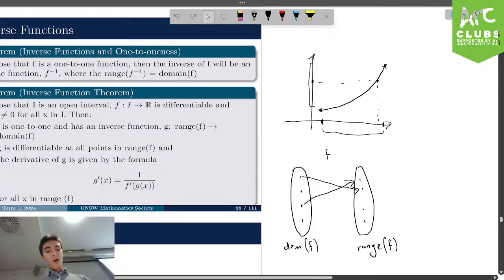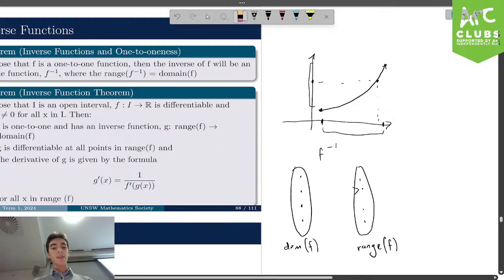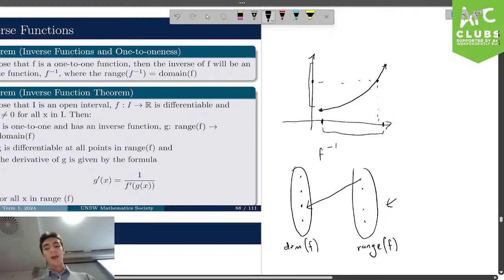But our inverse function does the opposite of that. It reverses all of these arrows. And that means obviously that its domain would be the range of f, and its range would be the domain of f, this bubble here. This is what f minus 1 does.